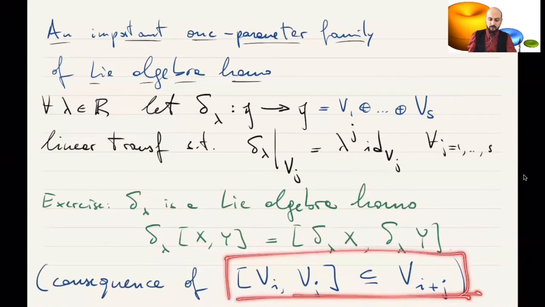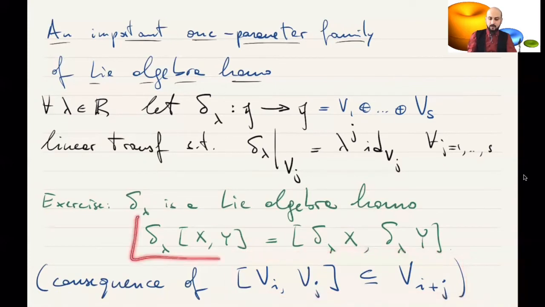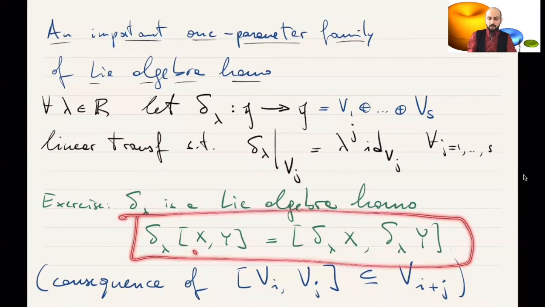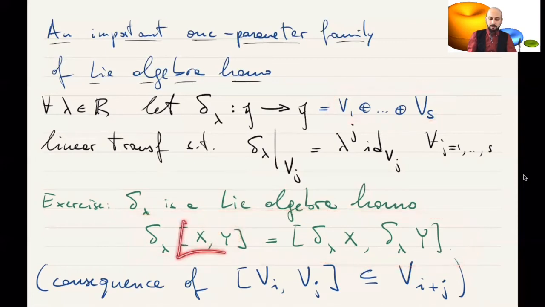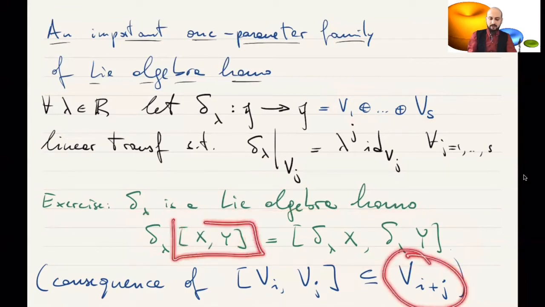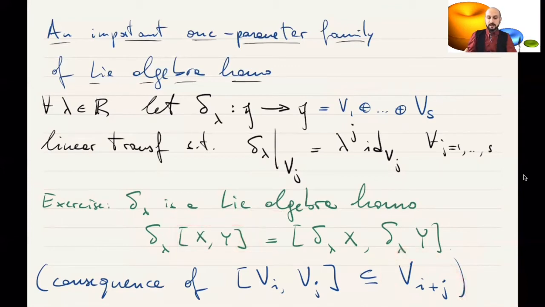Once you have this, the equation is clear when you decompose the vectors with respect to the direct sum: if one is multiplied by λ^i and the other by λ^j, then the bracket, which is inside V_{i+j}, is multiplied by λ^i times λ^j, which is λ^{i+j}. Please try to do this exercise by yourself.